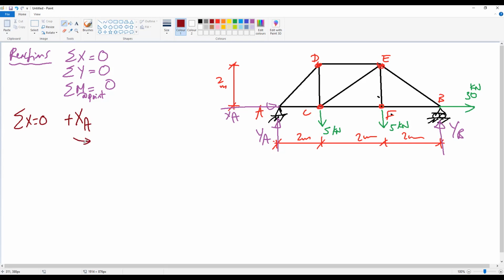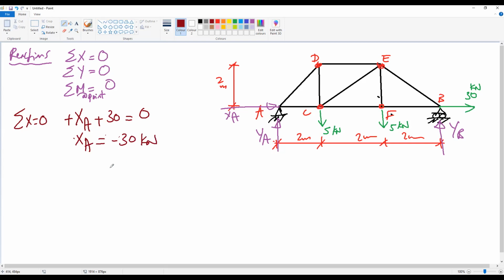So we have XA plus 30 going to the right should be 0. From this equation, we can have that XA will be equal negative 30 kilonewton.